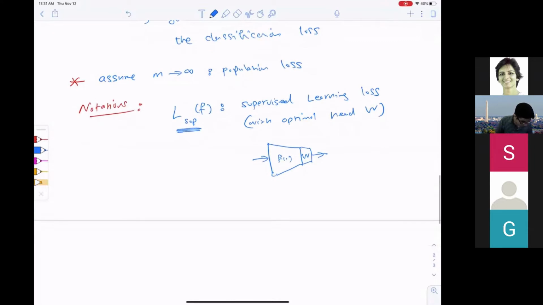They also look into a subset of supervised methods where in the last layer, I'm not going to optimize over W. I'm just going to use the mean vector for each cluster that I receive.